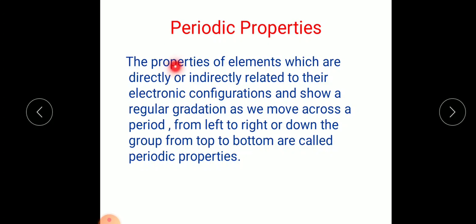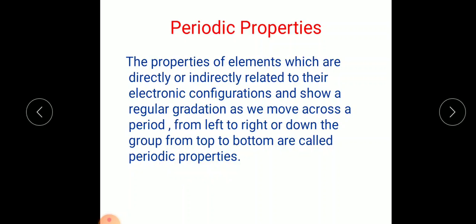The properties of elements which are directly or indirectly related to their electronic configurations, and show a regular gradation as we move across a period from left to right or down the group from top to bottom, are called periodic properties.